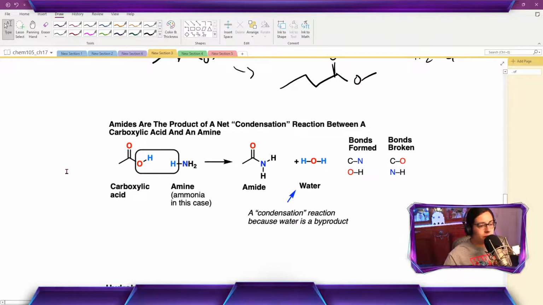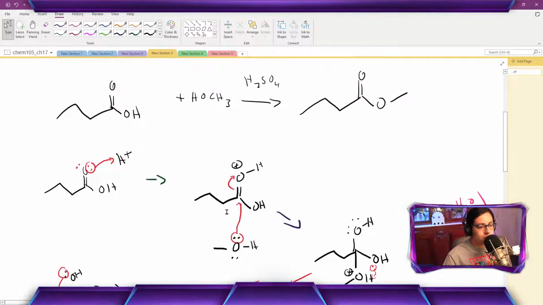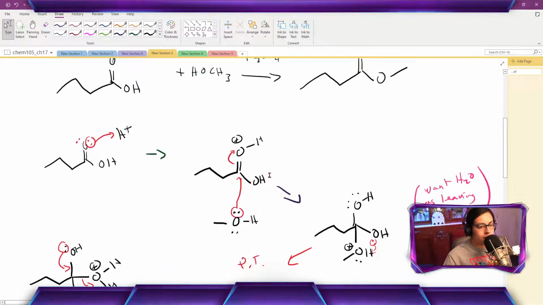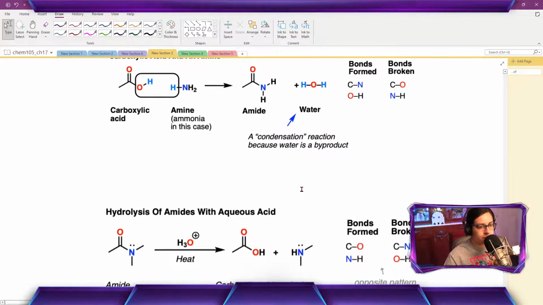And so again, similarly, we have a similar mechanism, so we'll lose that OH. And then, just like our alcohol will want to attack here, our amine can do the same thing with that nitrogen. So that nitrogen can attack here, so we would essentially have the same mechanism.